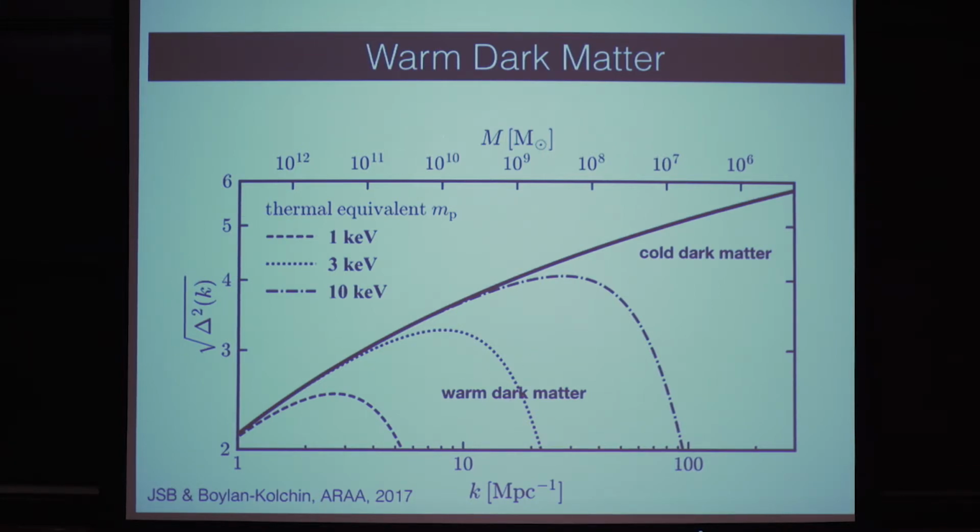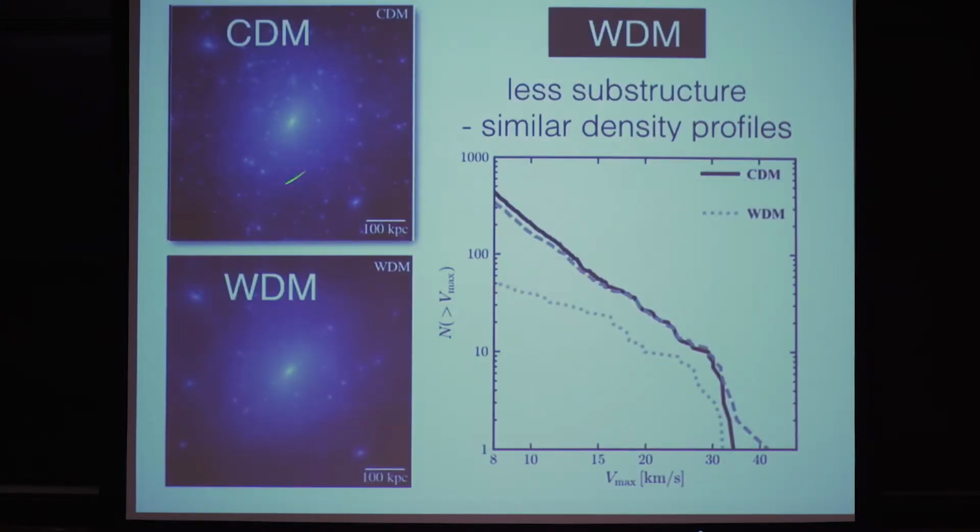So what happens then? Well, here's the same experiment, the same halo run in CDM, but now with warm dark matter. This warm dark matter model has a thermal mass of about 2 keV, which is marginally ruled out, but just to show you an example. And what happens here is there's less substructure. So what's plotted here is the number of subhalos as a function of Vmax, but you can think of it as mass. CDM is this black line, and warm dark matter is this dotted gray line.